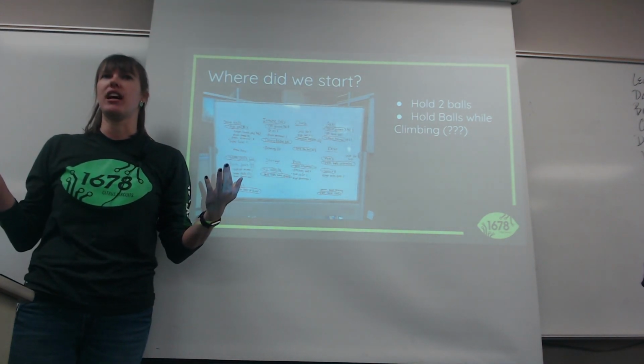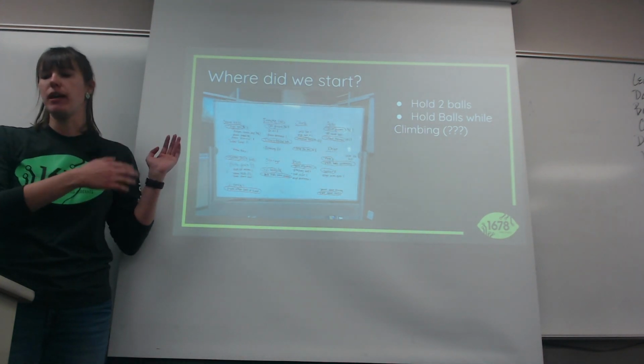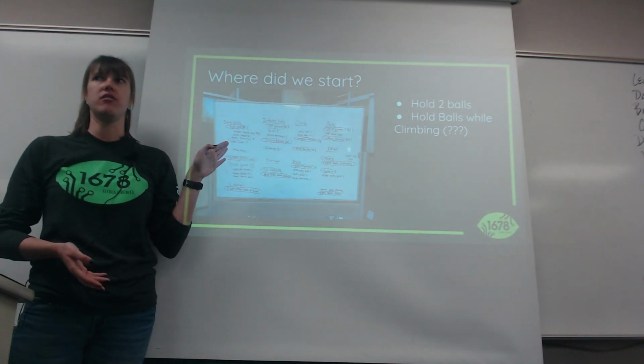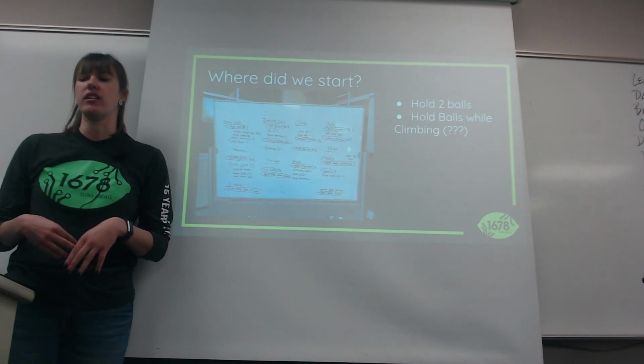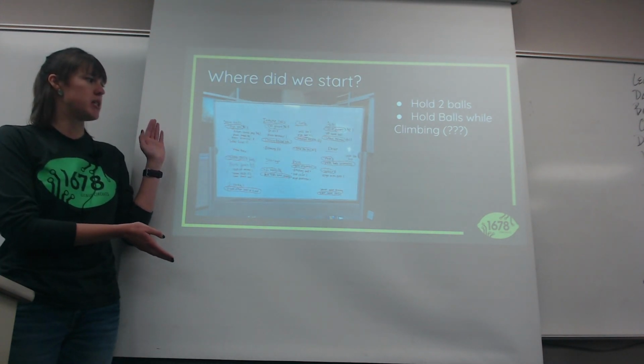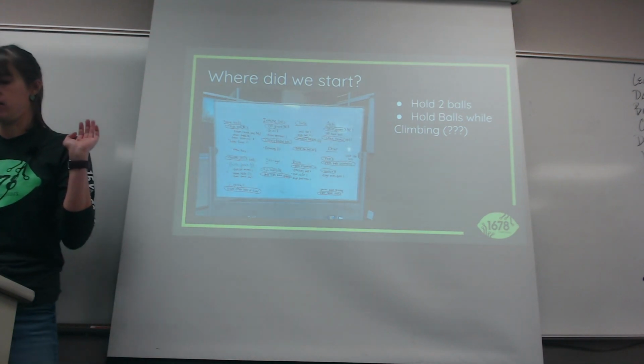If you're spending half your time just going after the ball, you're not spending that time shooting. So we make a list of absolutely everything a robot could do, and then from there, we narrowed it down to what we want our robot to do specifically. So that's what this list here is, specifically what our goal is for our robot of that year.